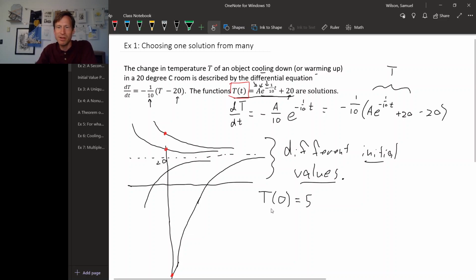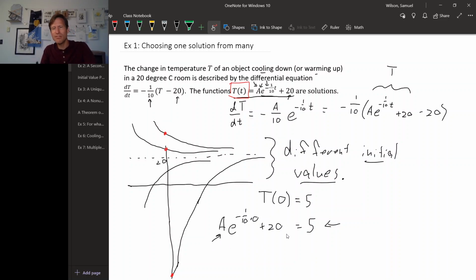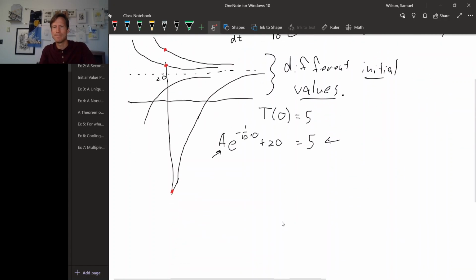We can plug time 0 into this formula, and we get A times e to the minus 1 over 10 times our time value, which is 0, plus 20. And the result is an equation where the only unknown is this constant A. So we should be able to solve this equation for A.